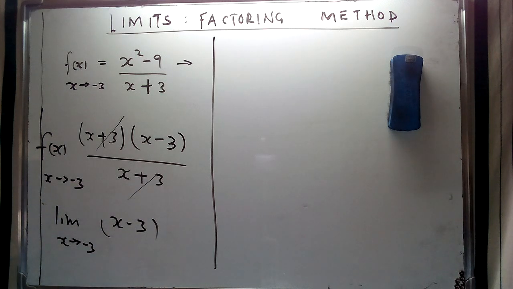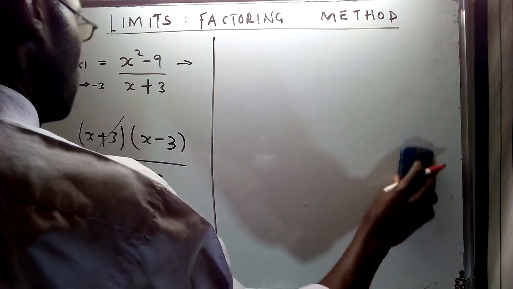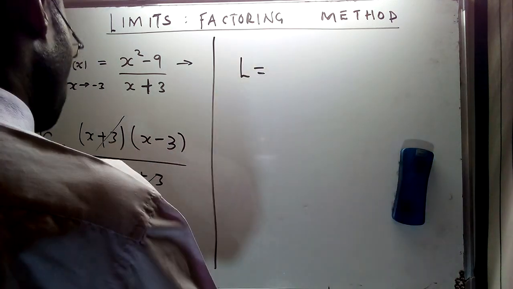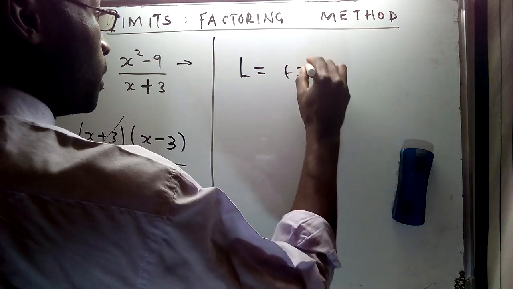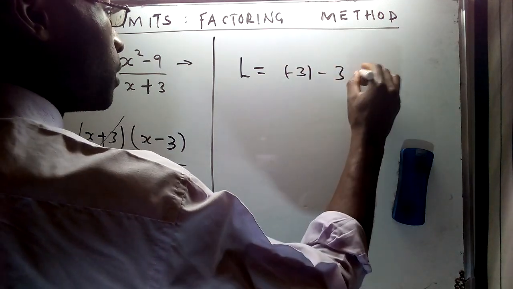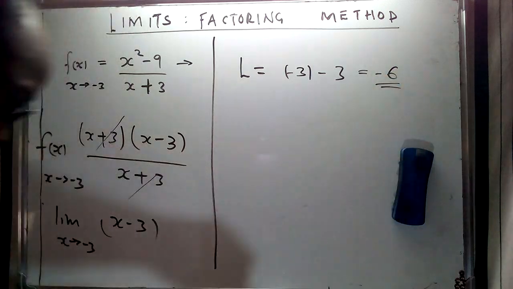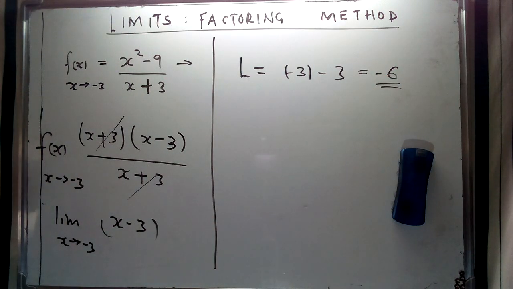From there we can evaluate this limit by doing the substitution, whereby we're going to have -3 minus 3, which is going to be -6 as our value for that specific limit.